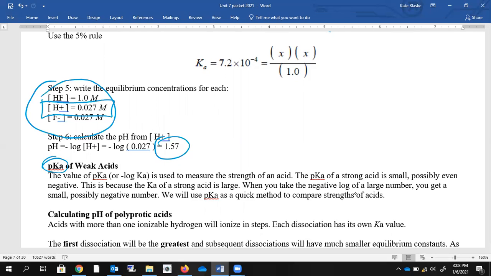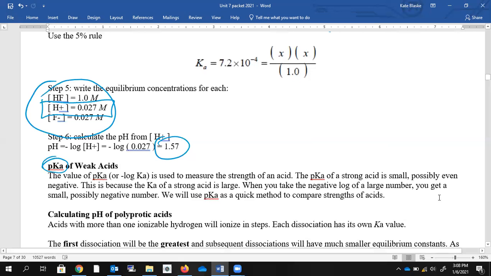If I have a very small Ka value, meaning I have a very weak acid, when I take the negative log of that, I'm going to end up with a larger number. So larger pKa's are weaker acids. Basically, this number just gives us a quick glance kind of version to say how strong is this acid, or how likely is this acid going to dissociate lots of H pluses or only a little concentration of H pluses.